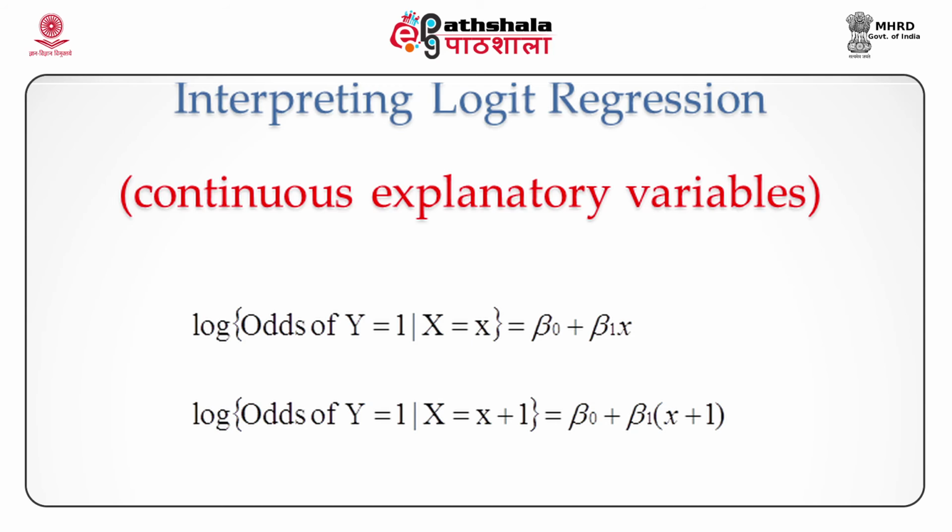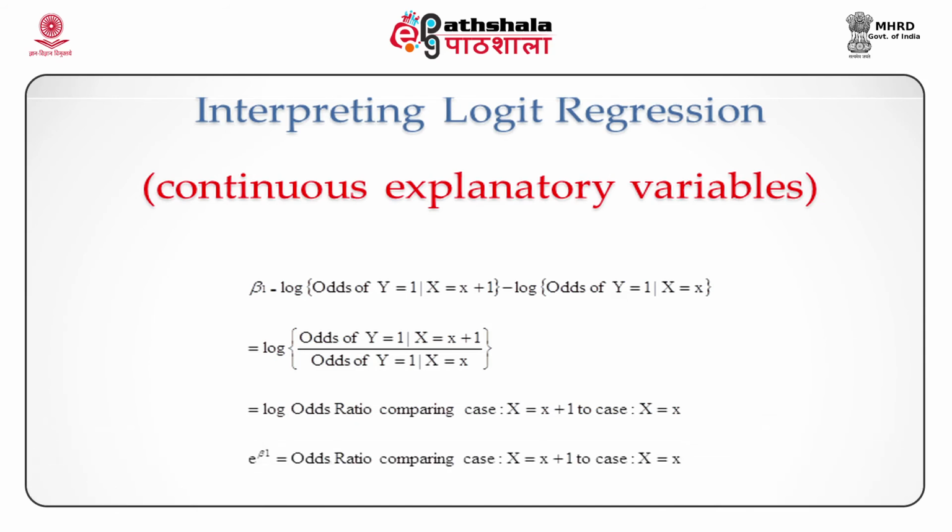If we take the difference of the two and then exponentiate, we can see that e to the power beta 1 is the odds ratio comparing the case x equal to x plus 1 to the case x equal to x. The important point to notice here is that by fitting the logistic regression, we have obtained the odds ratio.